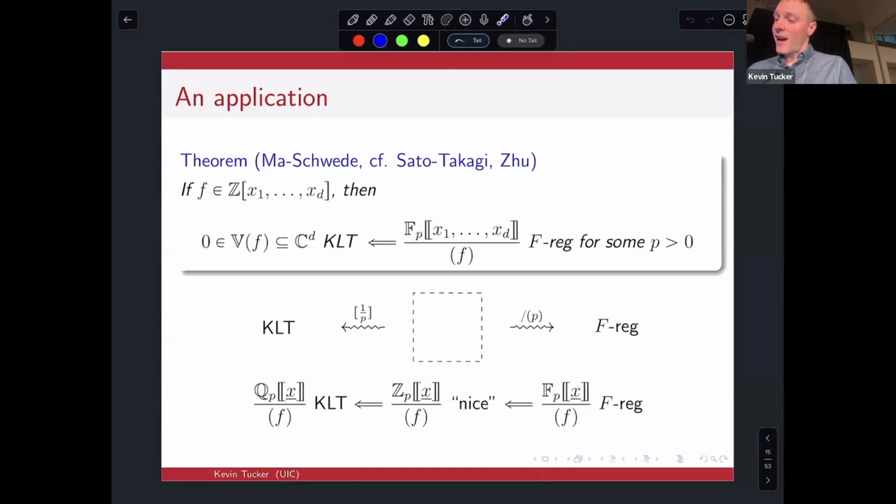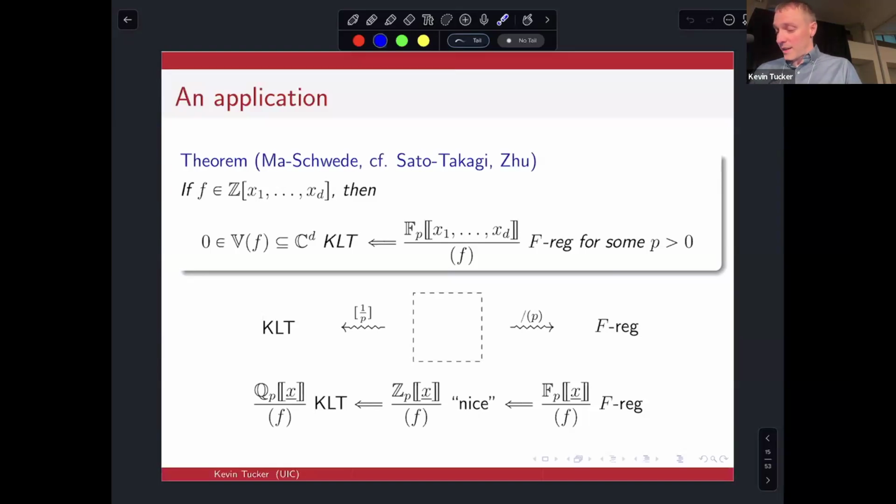Since F-singularities are highly computable, you have criteria known as, say, Fedder's criterion or Glassbrenner's criterion to detect F-regularity, right? This gives you a very quick method to use Frobenius techniques to check for KLT singularities. Okay, so in order to prove the theorem, I'll sketch the idea really quick. All you need is some way of filling in the box that satisfies the deformation and localization packages, right?